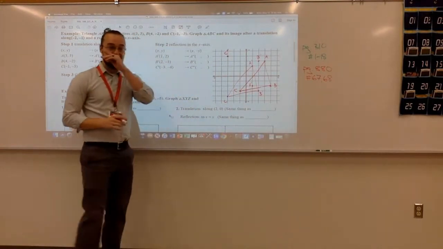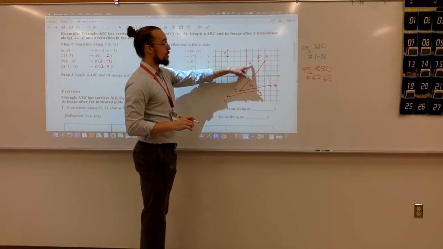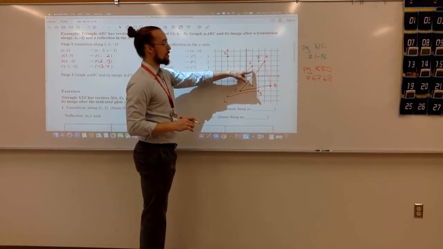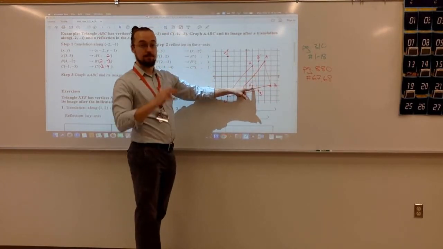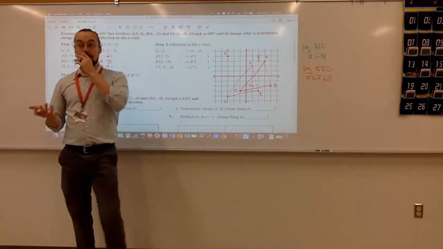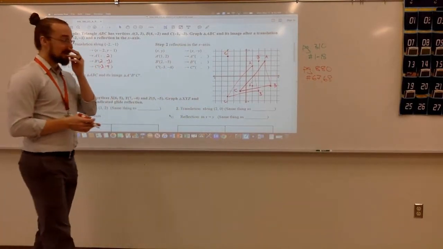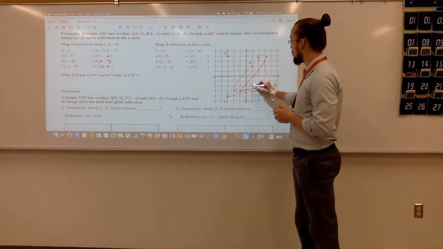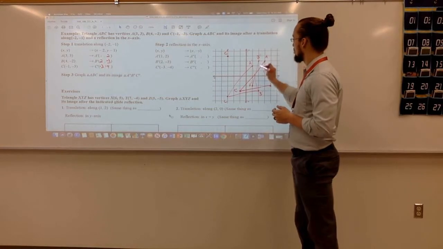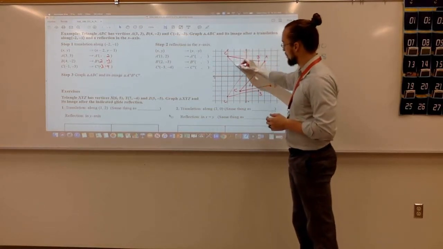Well, we already did A. So A prime was up here, and we counted a distance of 1, 2. Then 2 on the other side would get me to there. So yes, there are a few different lines on the graph here, which is why it is very important to label our points to make sure that we're keeping everything straight.